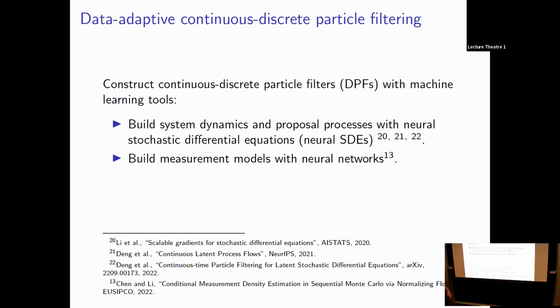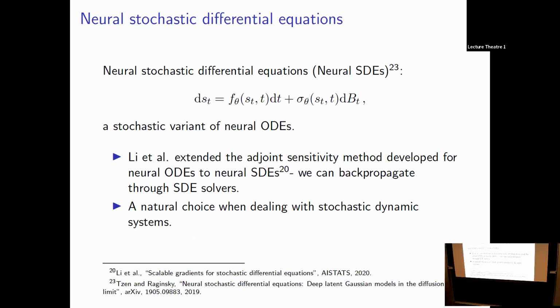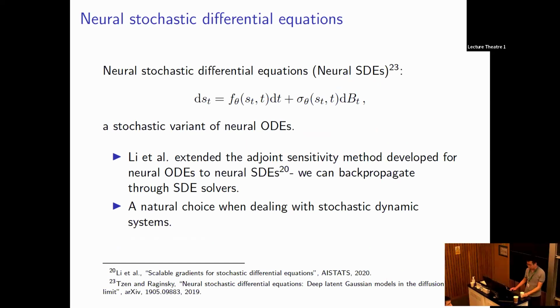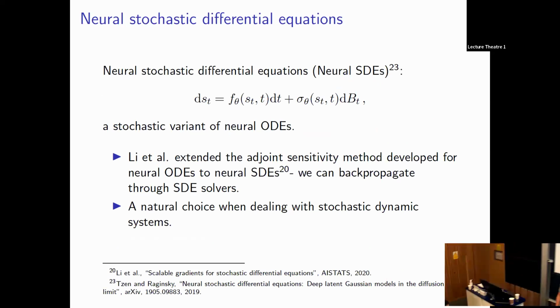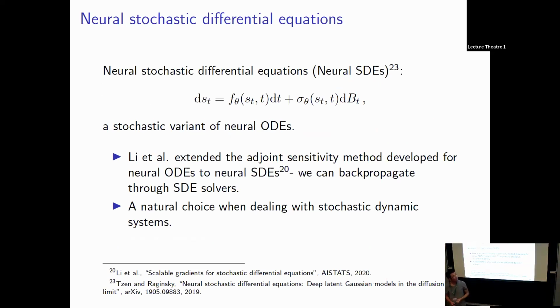The more difficult part is really this part. Neural SDE was an extension to neural ODE. Basically, it uses neural networks to construct the drift term and also the diffusion term in a stochastic differential equation to model the dynamics.